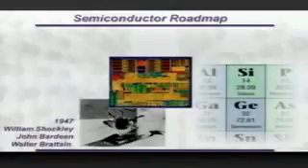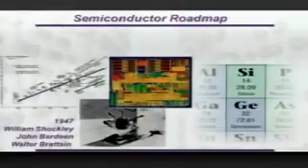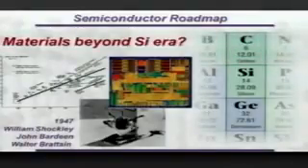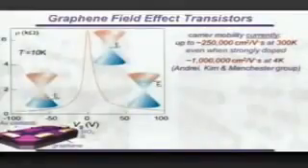Now we hear more and more about Moore's law and which material is coming after silicon. Without even pretending that I know the answer, why not learn from history and again go up one row in the periodic table, and we arrive at carbon. So as I said, the mobilities are extremely good. It means that you can get really fast transistors.